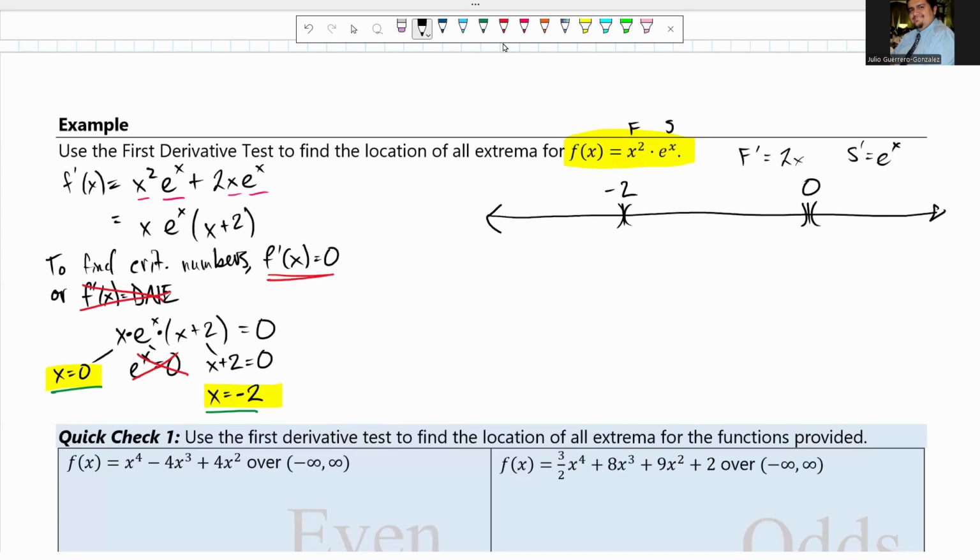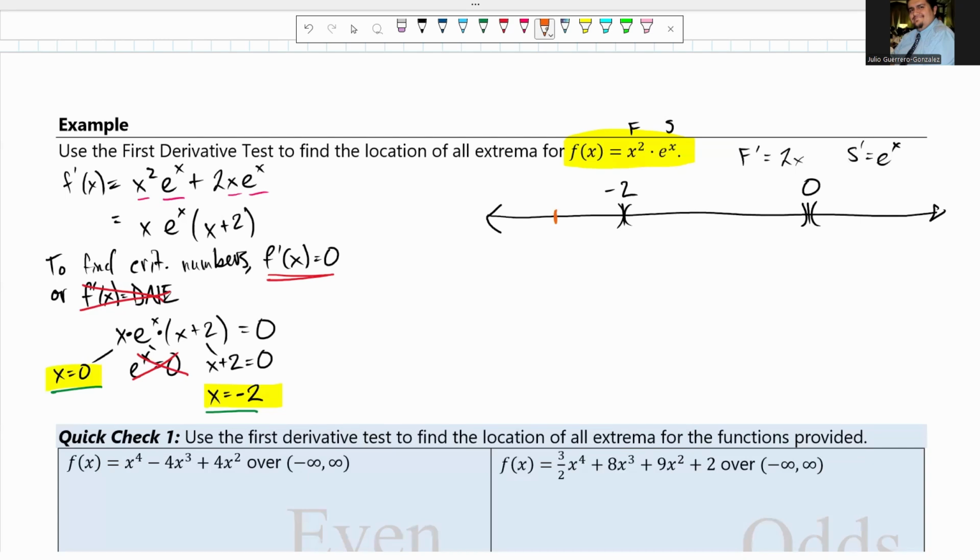What we're going to do is grab some test points. I want a test point somewhere before negative 2, and you can make it whatever you want. I suggest you make your life easy and choose nice numbers.